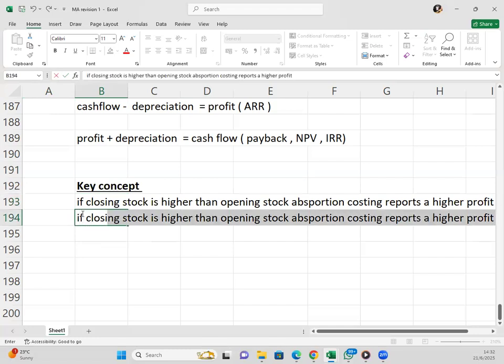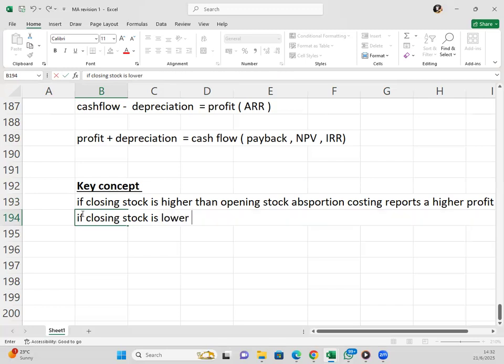If closing stock is lower than opening, marginal costing reports a higher profit.